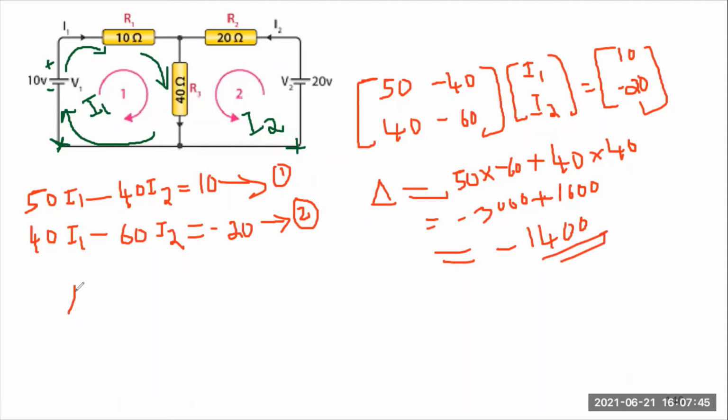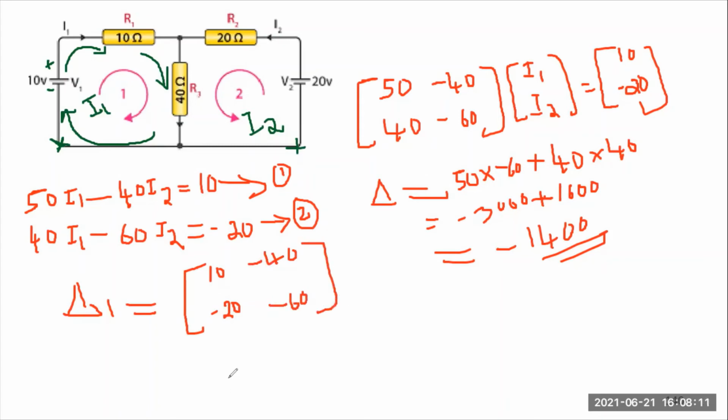Now I would like to calculate delta 1. How to calculate delta 1? What you can do is replace the first column with the RHS, that is 10, minus 20, then 40, minus 60.